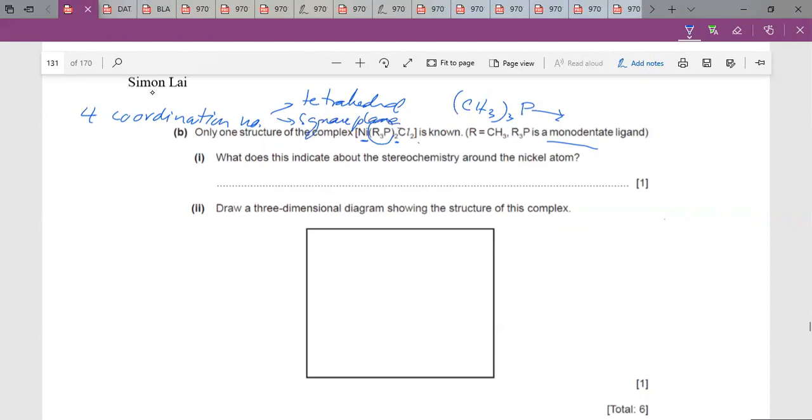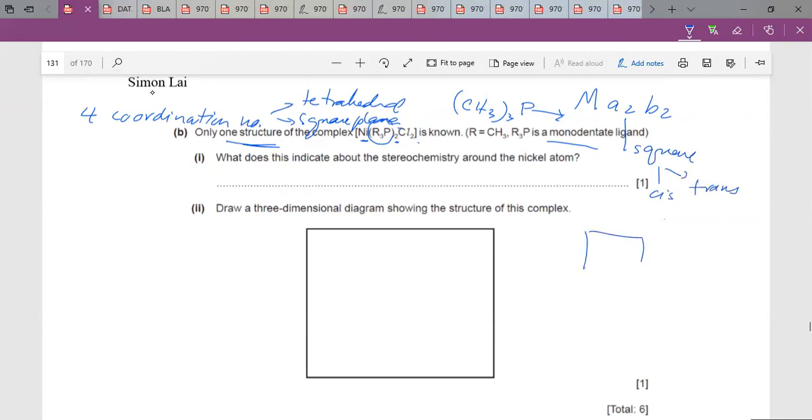Now you can ask, what does this indicate about the stereochemistry around the nickel? If it's square planar, it is Ma2B2, so it can be cis and trans.